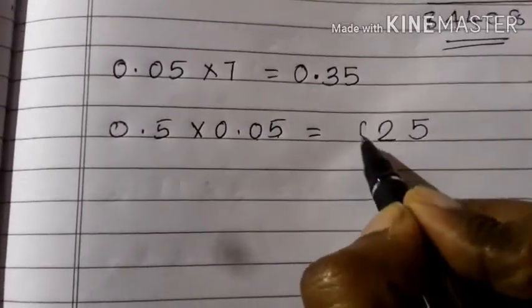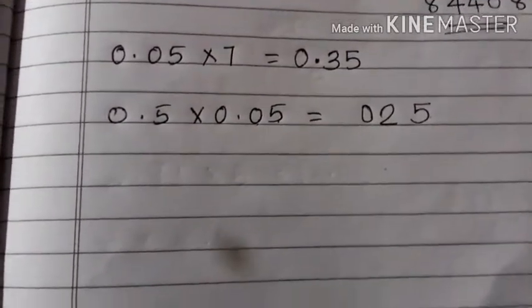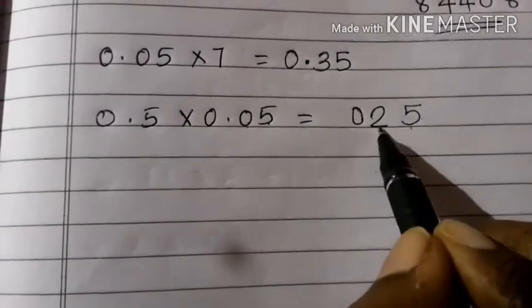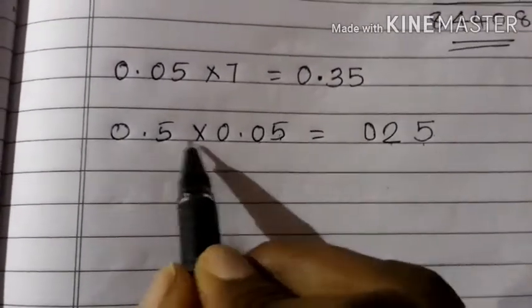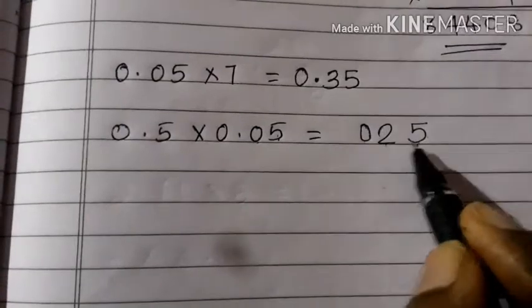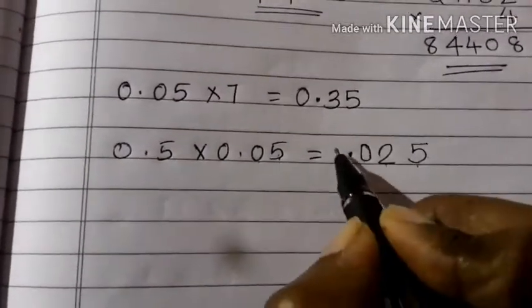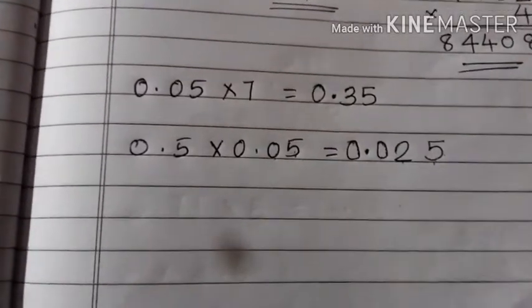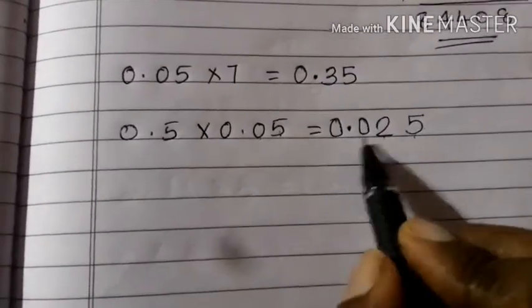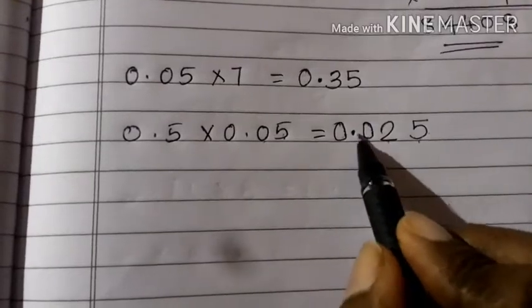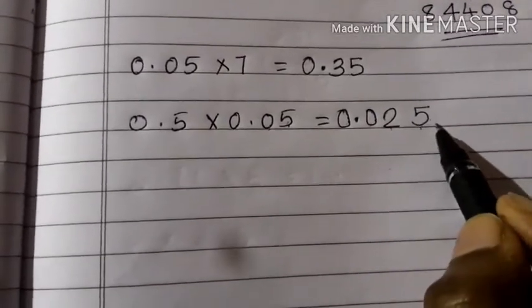So we write 1 digit as 0. So 1, 2, 3. Then put the decimal point here and write 0 before that decimal point. So read this decimal number 0.025.